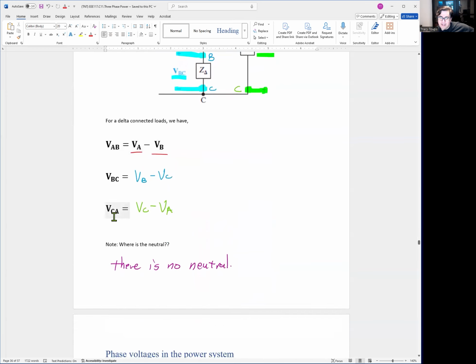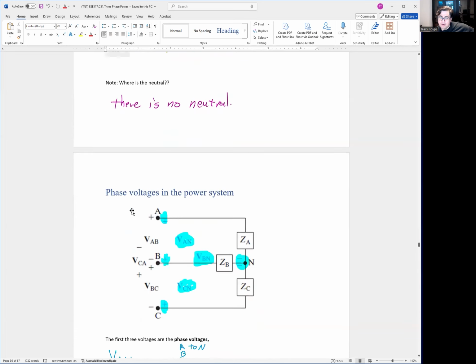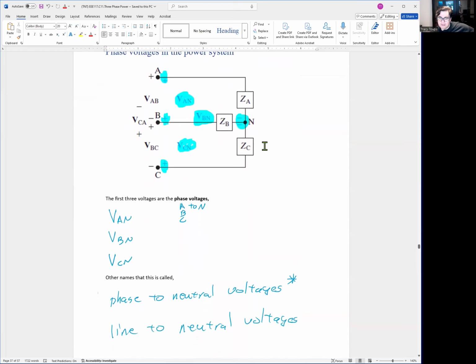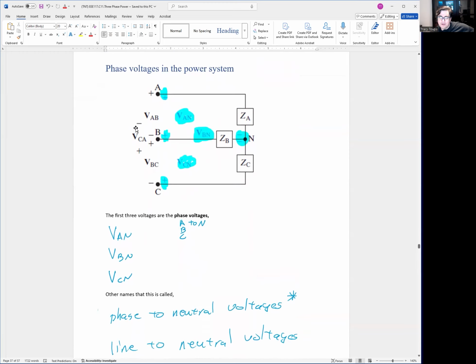So you have a different type of voltage to compare. Now, when we put them all together in the power system, you're going to have different types of voltages. Now, for a Y-connected load, the phase voltage is technically the voltage across the impedance. So this phase voltage is VAN, VBN, and VCN because that's the voltage across the impedance, right? This is called phase voltage, ABC to N, for this Y-connected load.